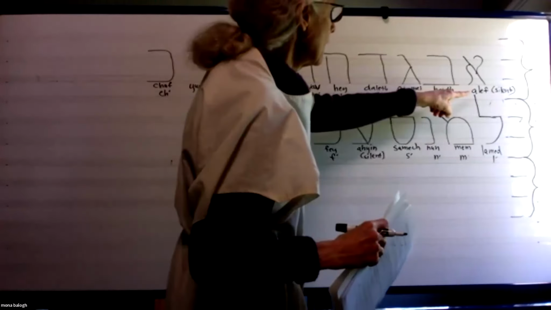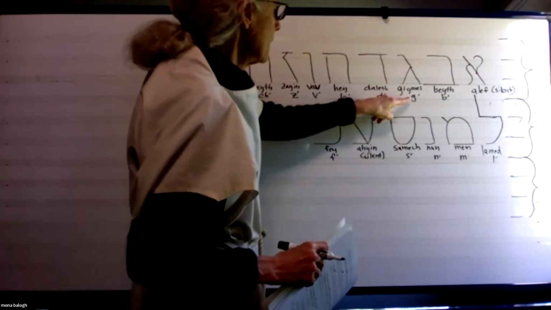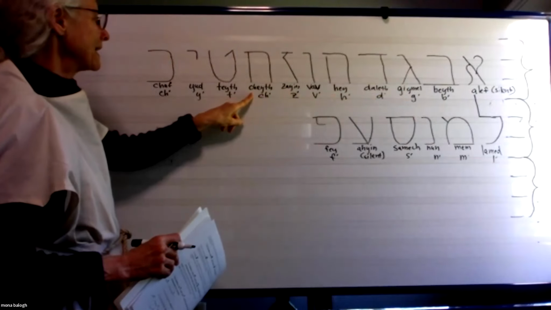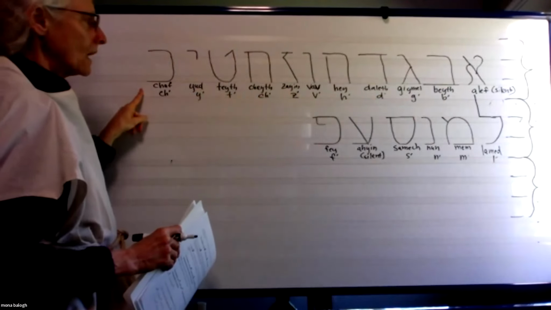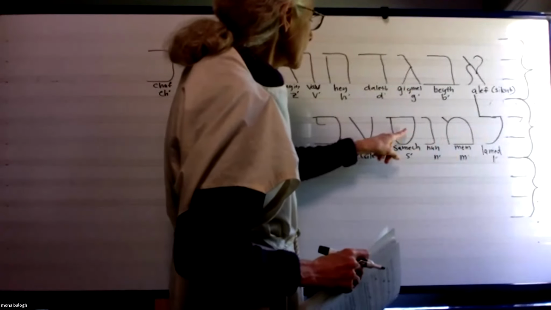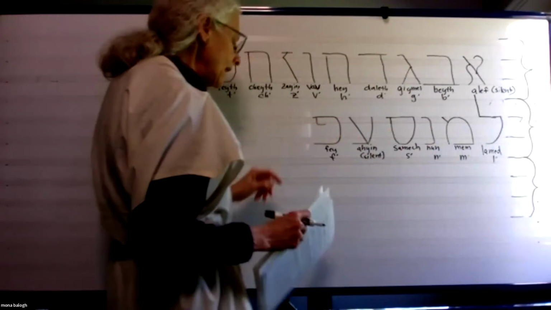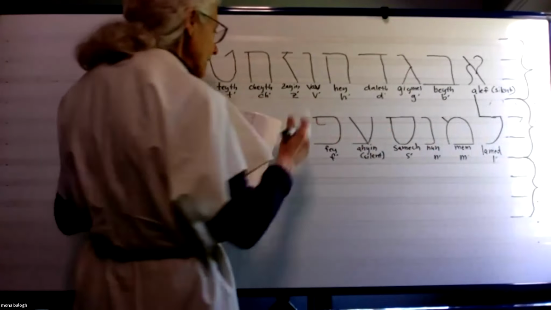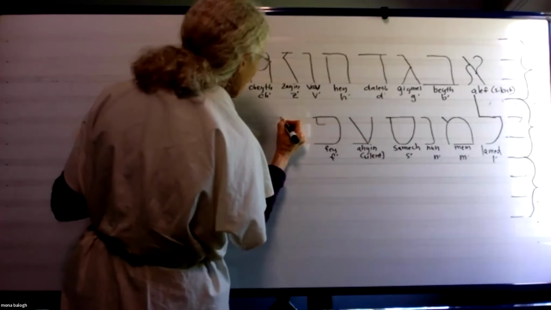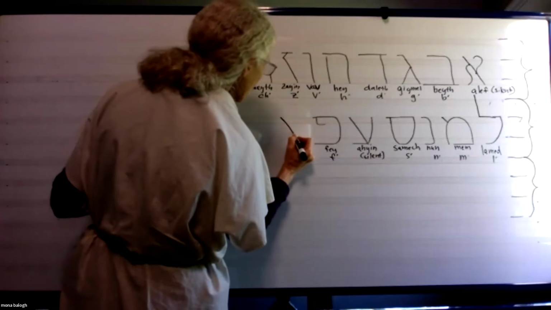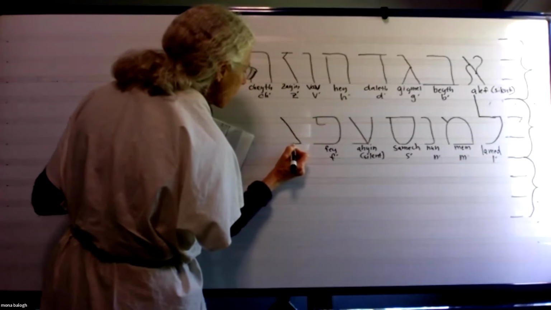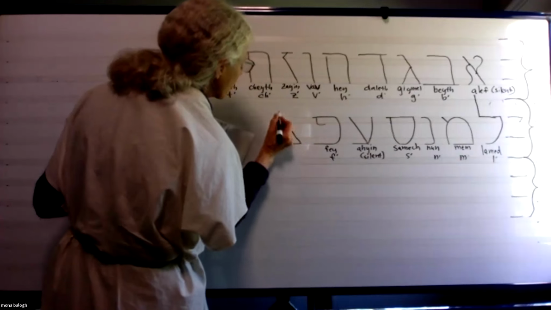Okay. Aleph, Beit, Gimel, Dalet, Hey, Vav, Zayin, Chet, Tet, Yud, Kaf, Lamed, Mem, Nun, Samech, ayin, Fe, or Tzadi, upper left, diagonal down to the lower right, and you're going to make a spring coming back to the left, flush with the upper left here.